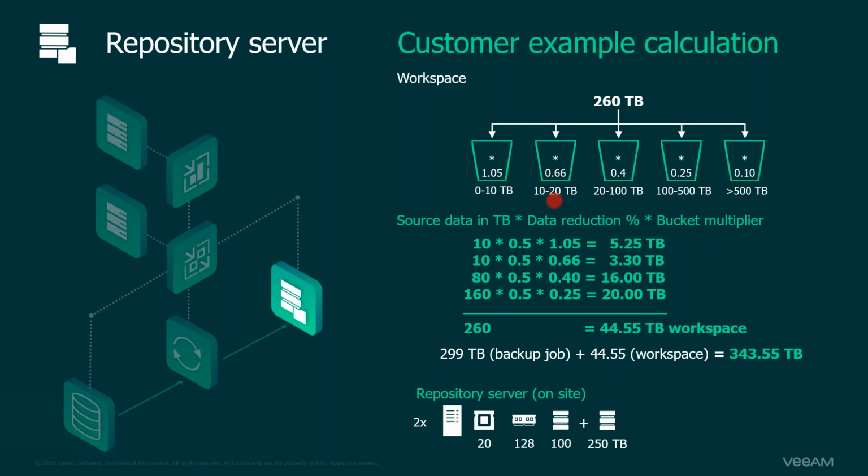This bucket also holds 10 terabytes. It holds everything from 10 to 20 terabytes. So I'll put the next 10 in there, times 50% data reduction, times the multiplier of my bucket, 3 terabytes. So now I'm down to 240 terabytes. And I can stick 80 of those terabytes here in this bucket because this holds everything from 20 to 100.